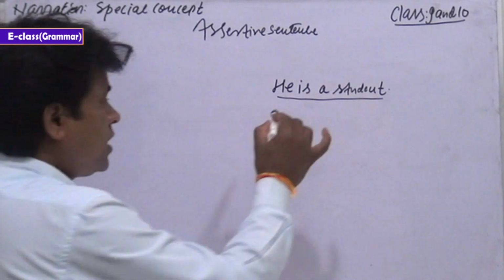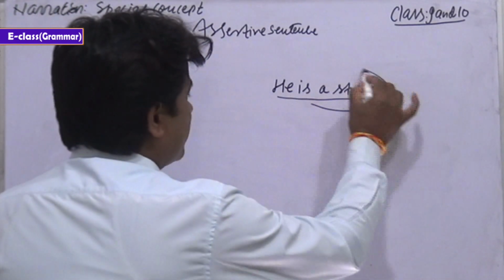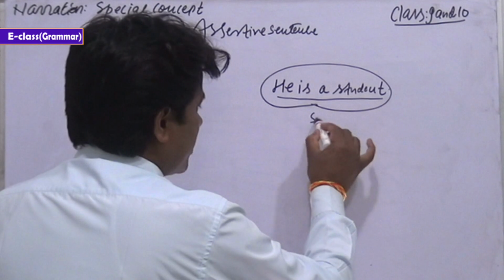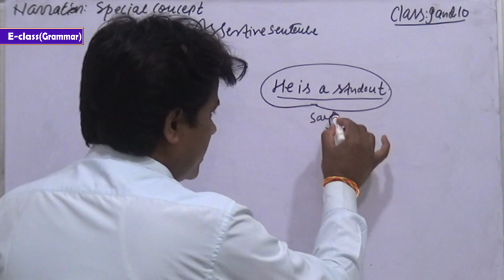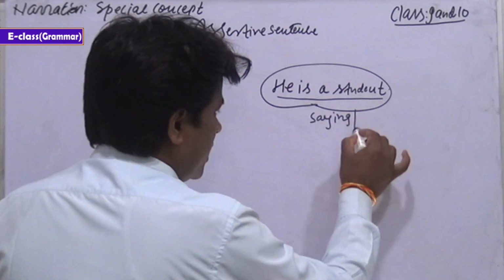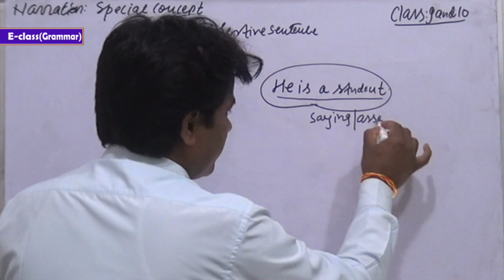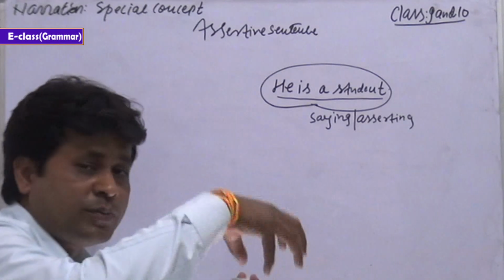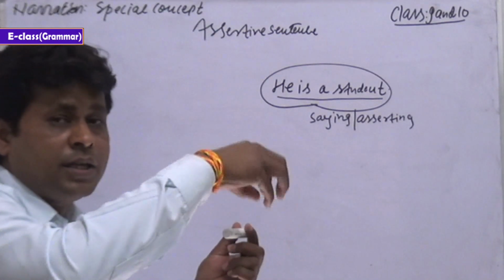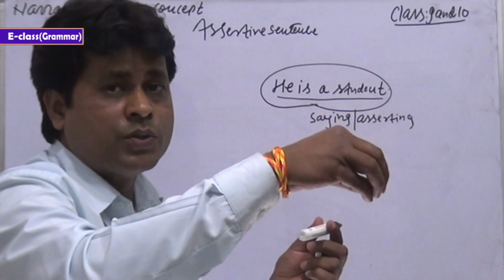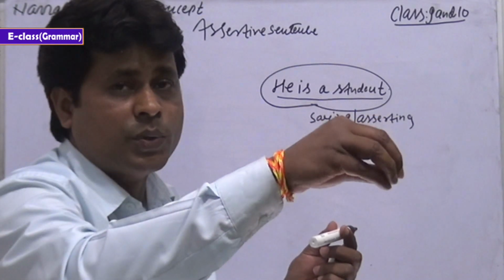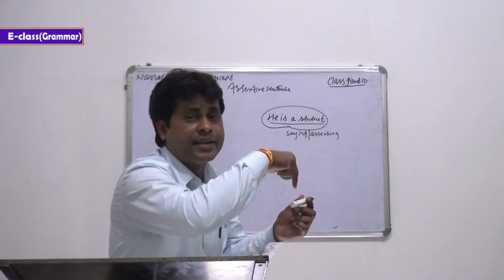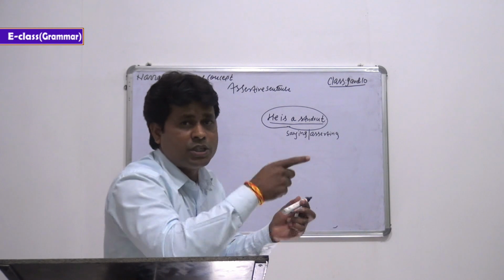Because this sentence is saying something. Write down please. Saying something. Asserting something. He is a student. वो एउटा विद्यार्थी हो. This is what is said here. So this is an assertive.